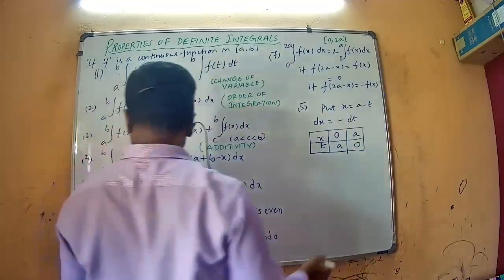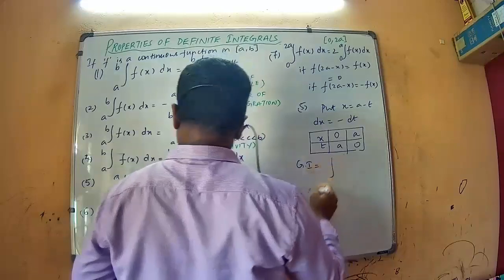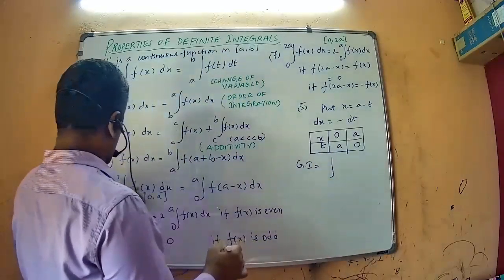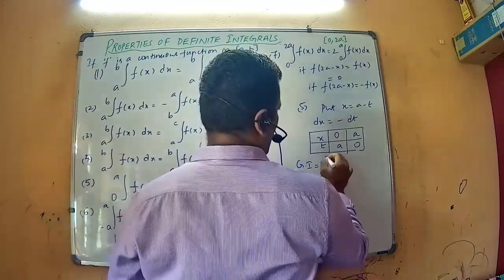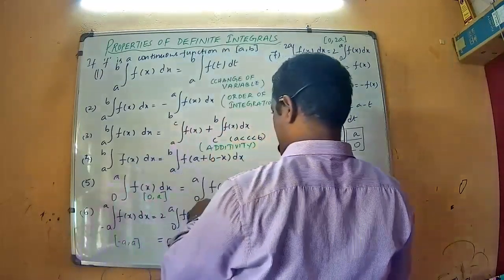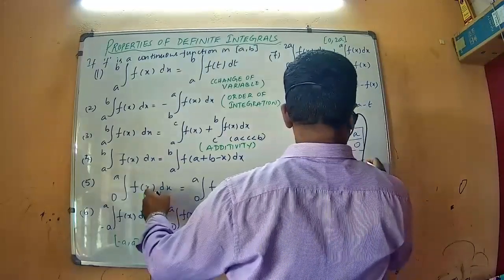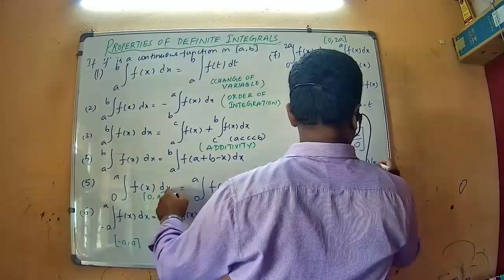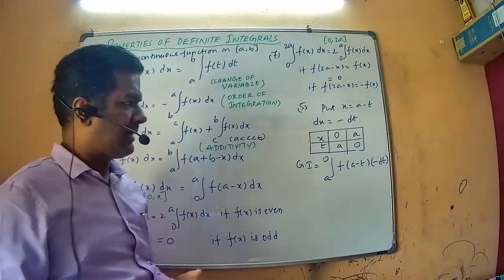Finally, the given integral will change like this. The integral from 0 to a of f of x dx will become the integral from a to 0 of f of a minus t, with dx meaning minus dt.